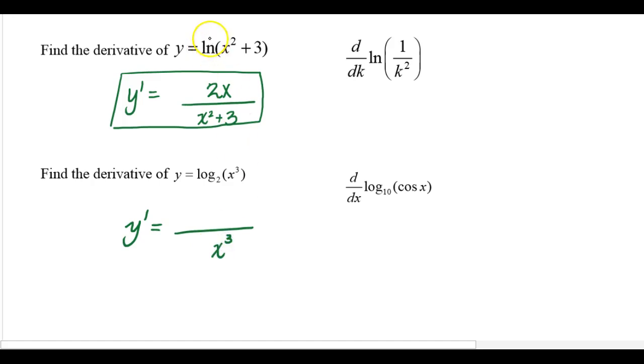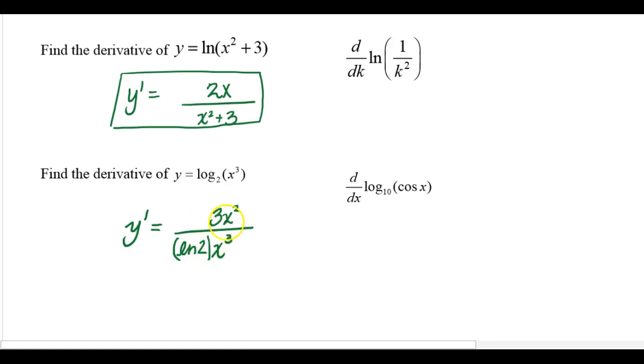So whether it's a natural log or a log base 2, whatever that inside function is goes in the denominator. The derivative of that piece goes in the numerator, so the derivative of x cubed is 3x squared. But because this was a log base 2, the natural log of 2 goes in the denominator as well.